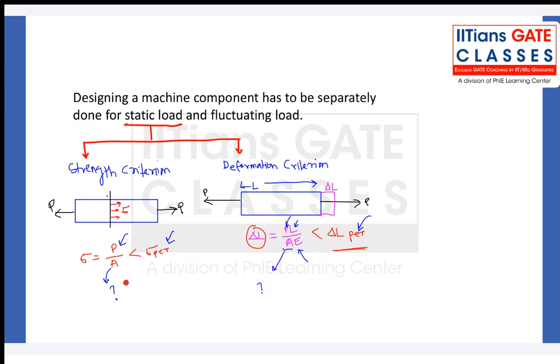So we will compare both the cross-sectional areas obtained from the strength criteria and the deformation criteria, and whichever is larger, which is safe, we'll consider that cross-sectional area for designing. Basically, this is what is known as design for static load.